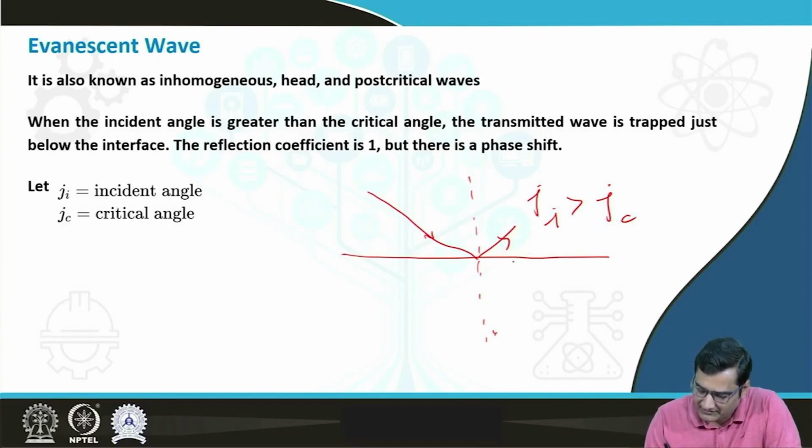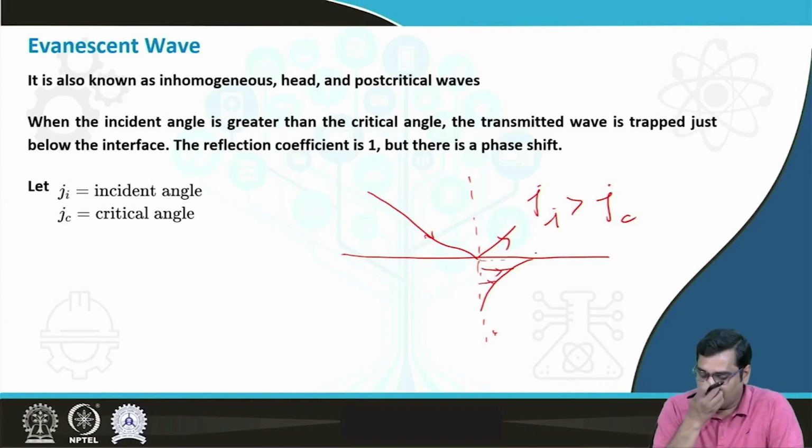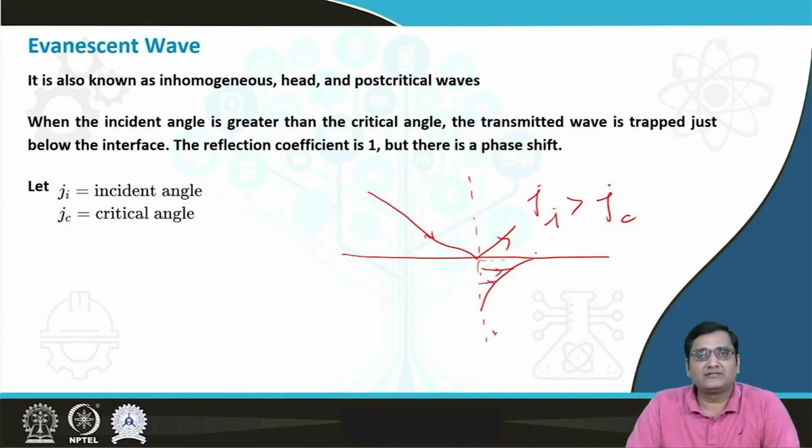That means just below the interface, it may have an amplitude that decays with depth, and you can see it should be something like this. This wave is known as the inhomogeneous wave, the head wave, or the post-critical wave, and it is also known as the evanescent wave.